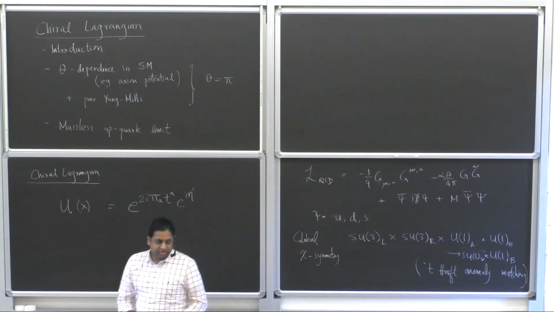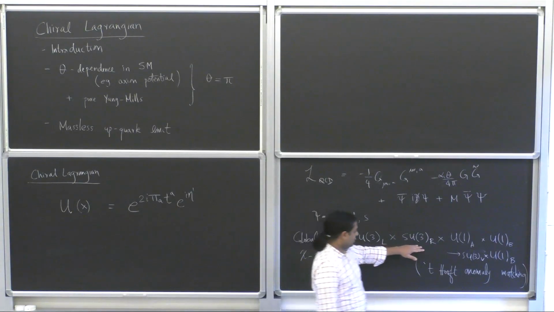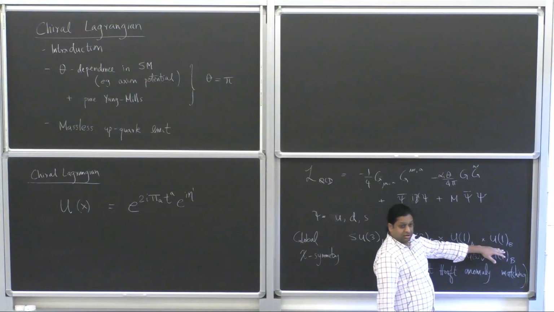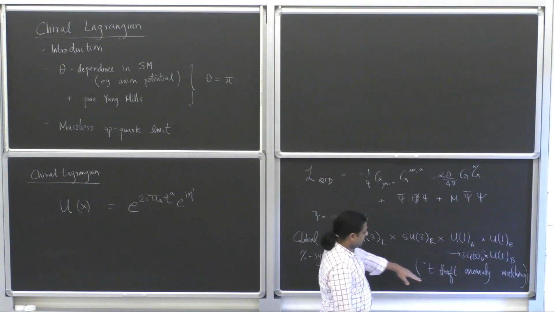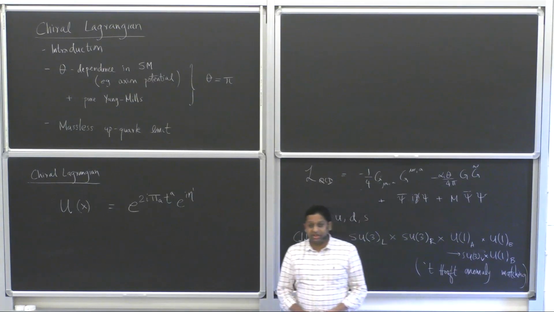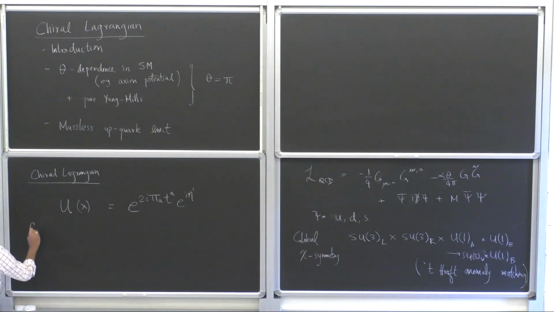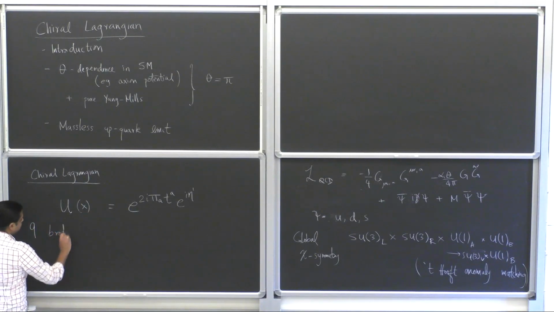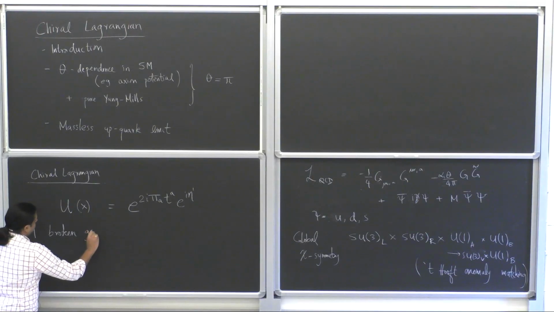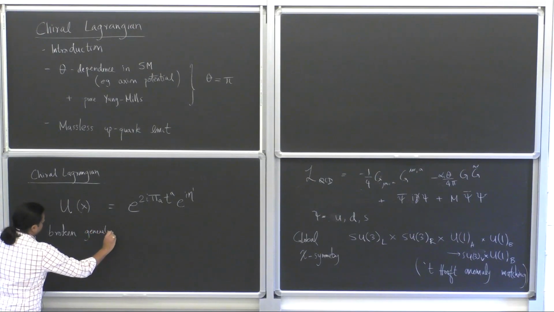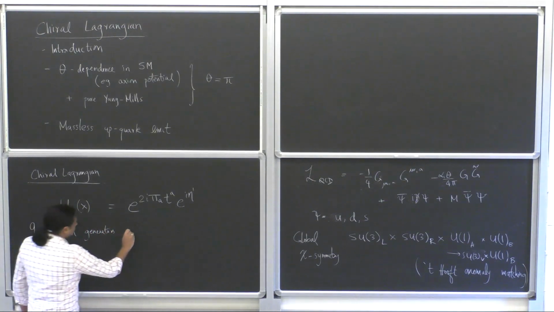Right. So counting here, there are 18 generators on the left-hand side, but here there's 8 and 1, 9. So there are 9 generators that are unbroken and 9 generators that seem to be broken. So 9 broken generators, if you apply Goldstone's theorem, will tell us that we should have 9 Goldstone bosons.